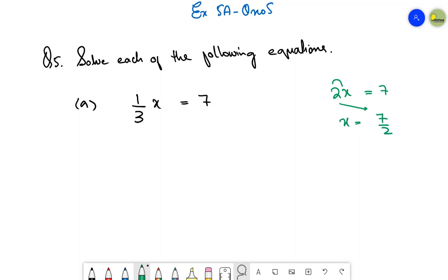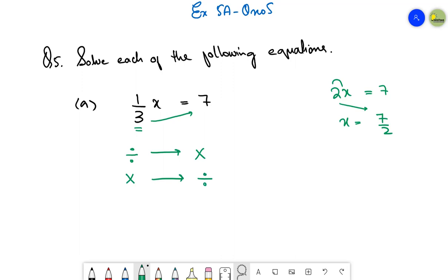Similarly, if a number is dividing with x, you can see this example here. 3 is basically dividing with x. So when you need to shift it to the other side of the equation, the operation is going to be changed. Division will become multiplication and multiplication becomes division.